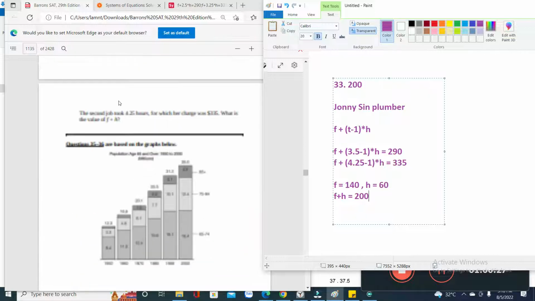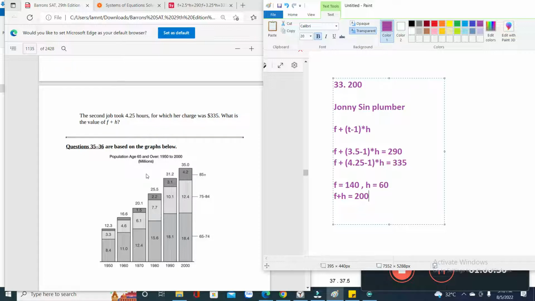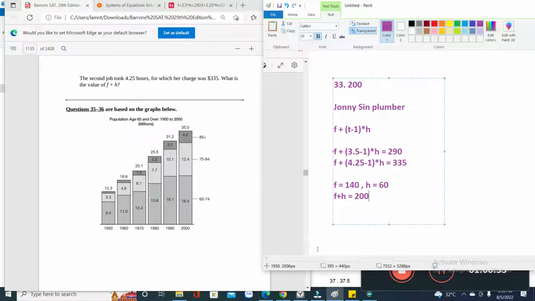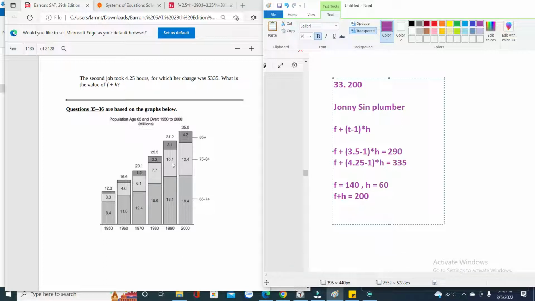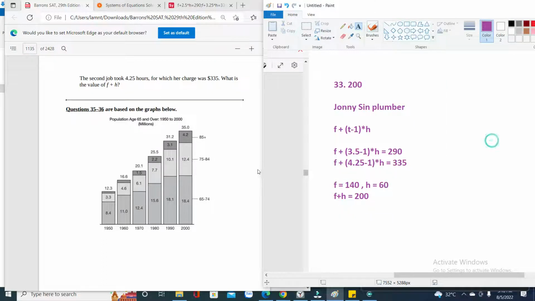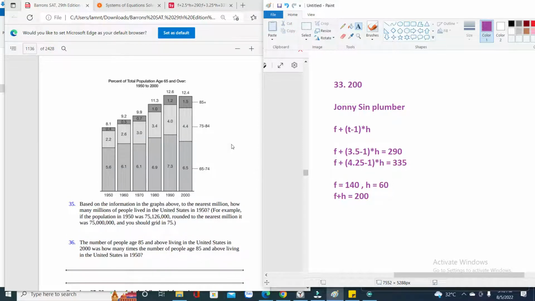So they give two charts. First is the chart of the actual number, the number of people age 65 and over, and the second chart is the percentage of that age range in the population. To the nearest million, based on the information, how many people lived in the United States in 1950? Okay, in 1950.